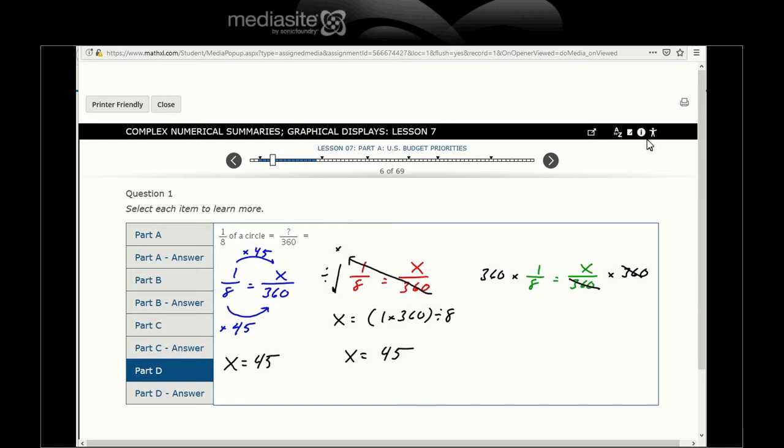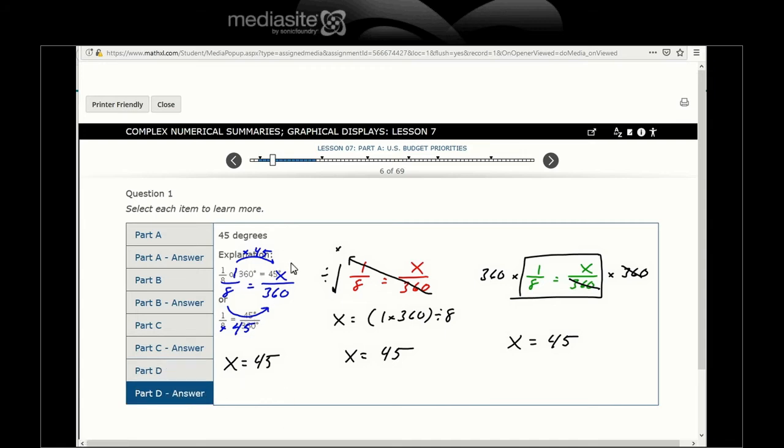Or with the ratio method, multiply by the denominator, you got 360 over 8. Again, x equals 45. Okay, 45 degrees.